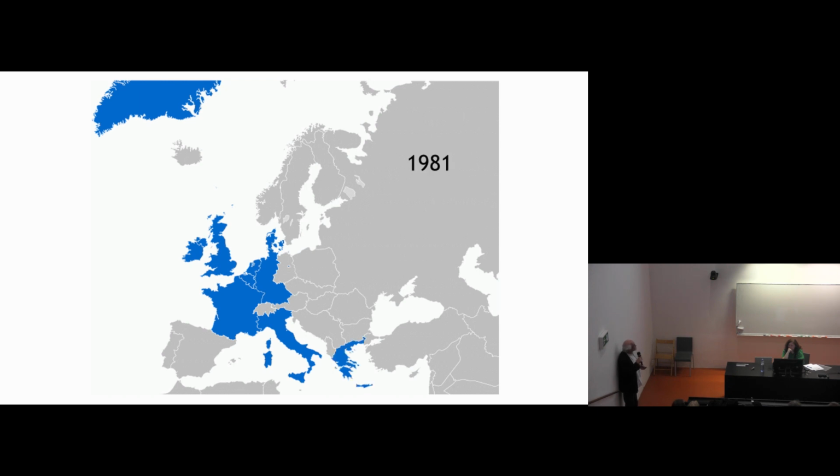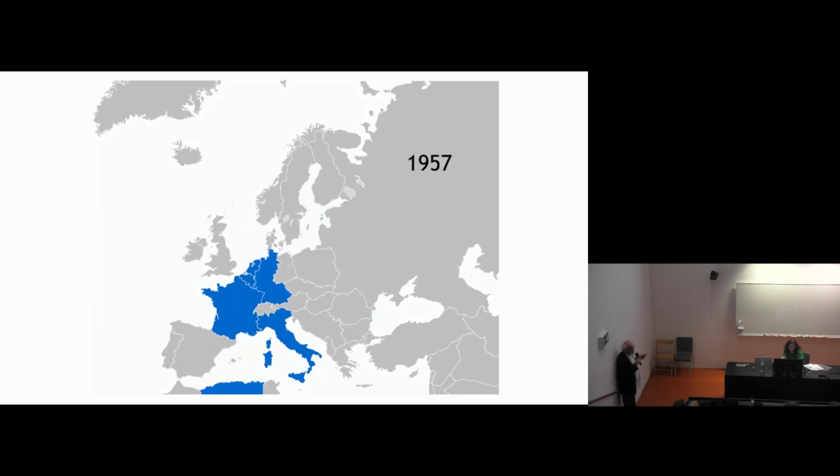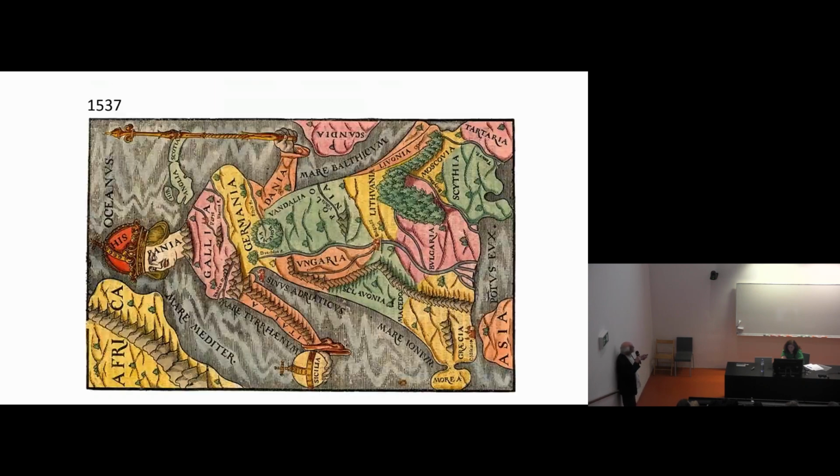You can see a little bit how Europe went larger and larger. Now, in the east, the Balkan Yugoslavian republics and Ukraine, Georgia and Moldova are asking to be members, so it will grow larger in the direction of east.